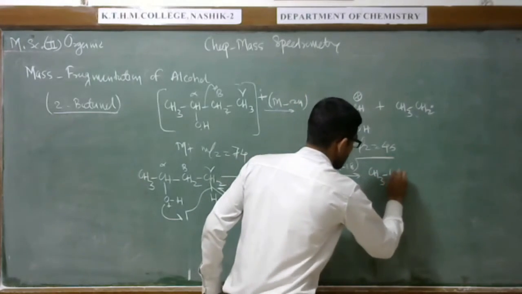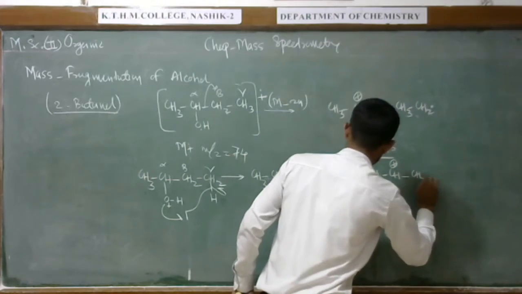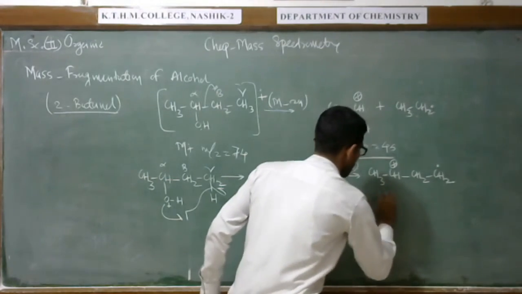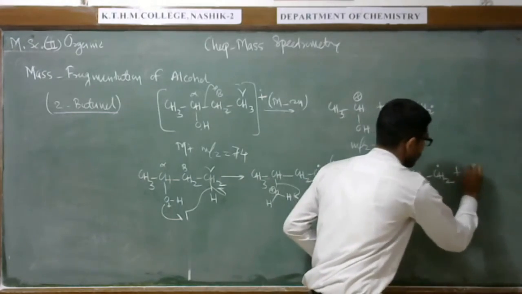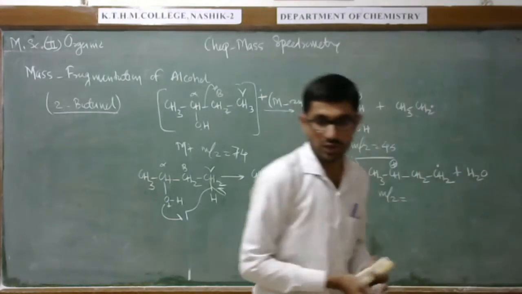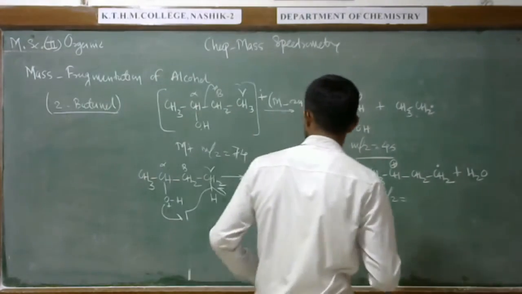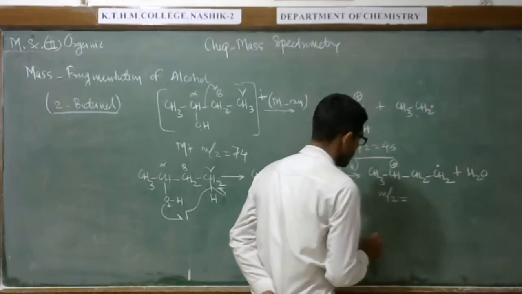CH3, CH, positive, CH2, CH2, radical. So after loss of water molecule, we can observe the peak at which mass to charge ratio value?